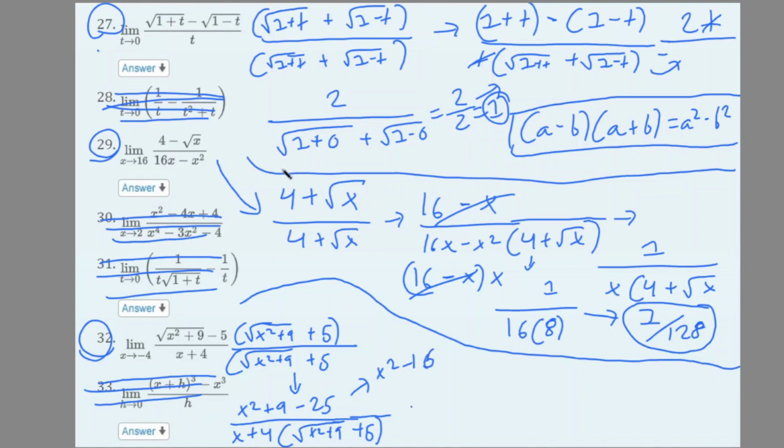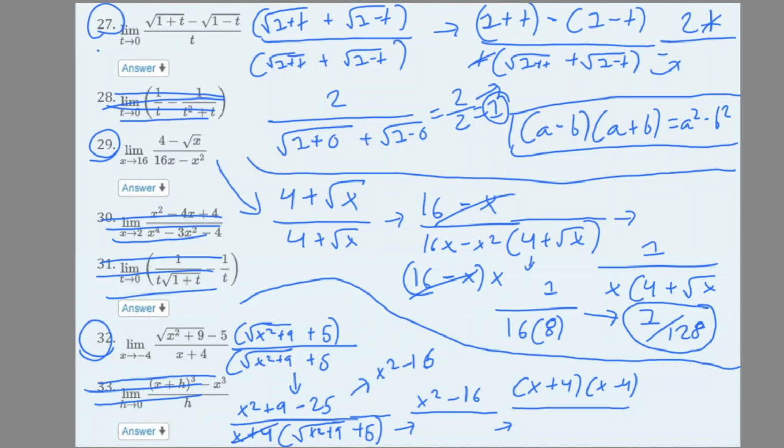Now if we rewrite the expression, it would be x squared minus 16, and then the denominator would be everything that's here. Now we can factor this out. x squared minus 16 is x plus 4 times x minus 4. The denominator would still be the same.